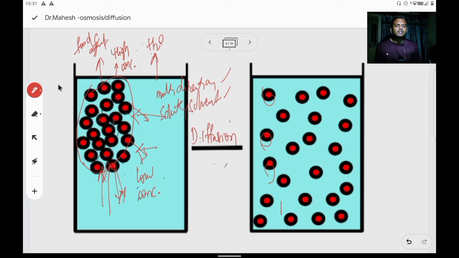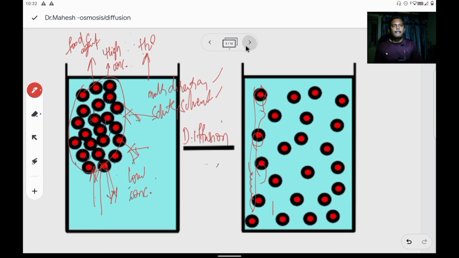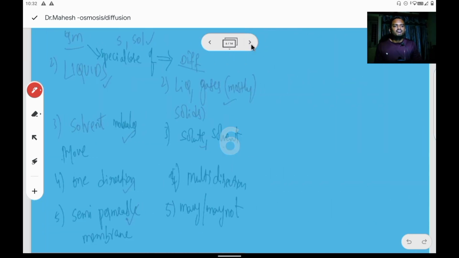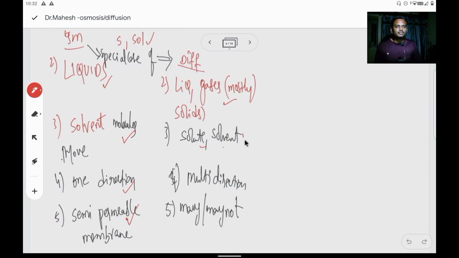How much space is available, the solute and solvent both share in a simple manner. You see here, the solute and water equally share the area. Okay, that's the point here. So you understood this.